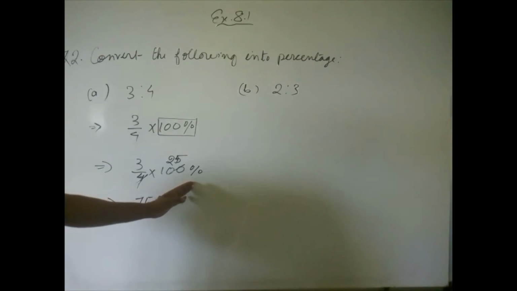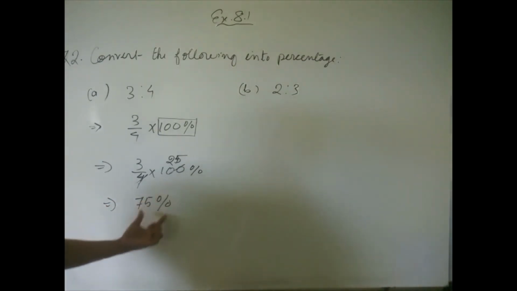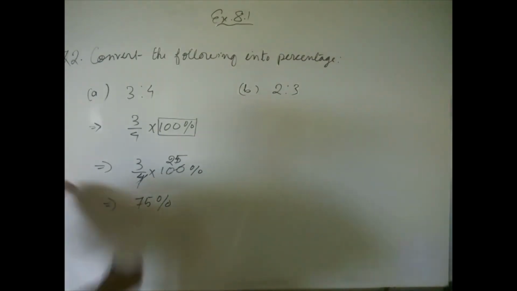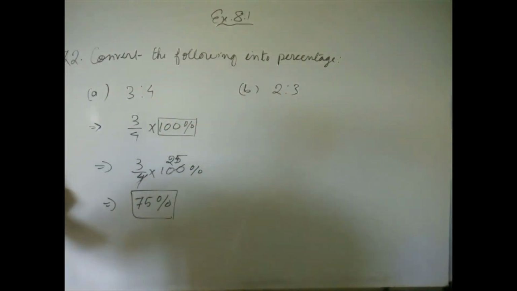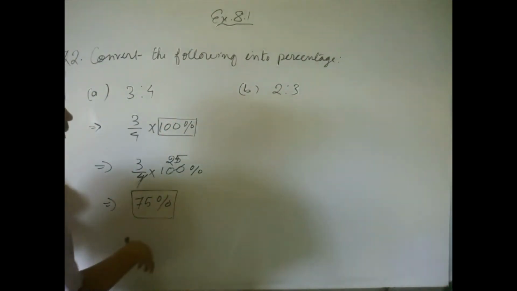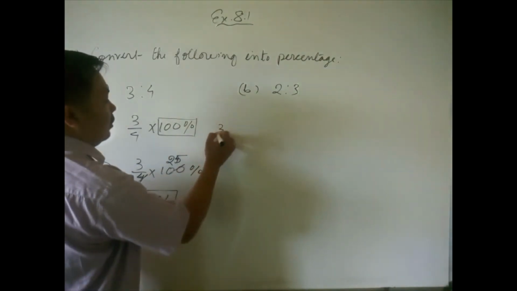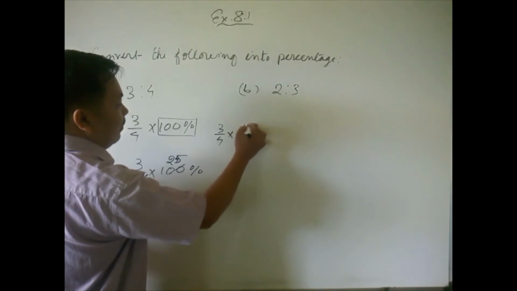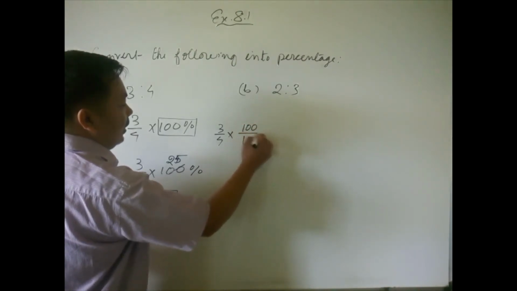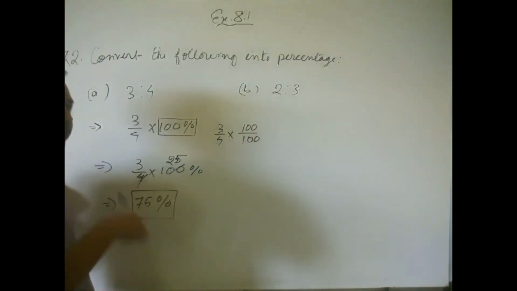Percentage is not required to put here, but finally, when you get the answer, you have to write the percentage, because it is written there that the number is in percentage, isn't it? There is another way also. Another way is 3 by 4 into percentage. Percentage means out of 100, isn't it? In this way also you can write it.